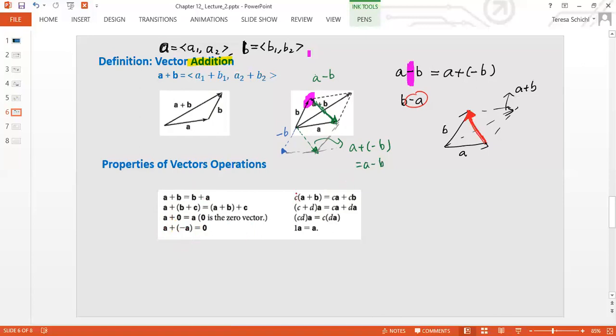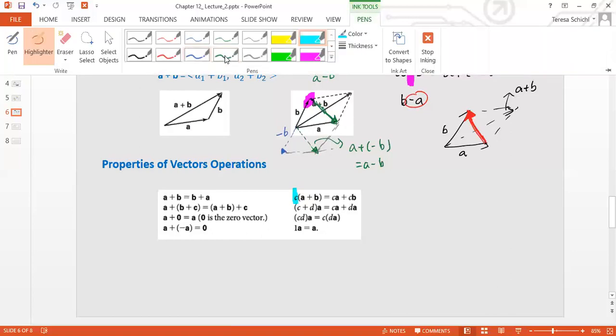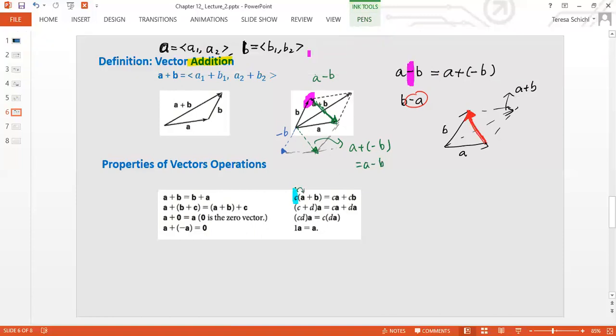Okay, so here, this is a, this one's here, be careful, right? They don't have the bold face, that means this is a constant. So you can use the distributive property, so it becomes cA plus cB. So if you have two constants, you can do the distributive property also, right? And then in here, we call this the associative property, right?